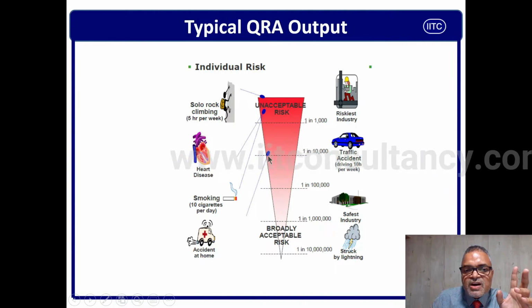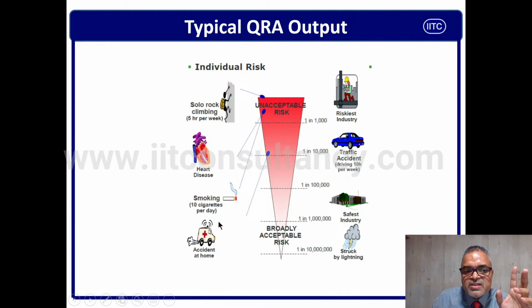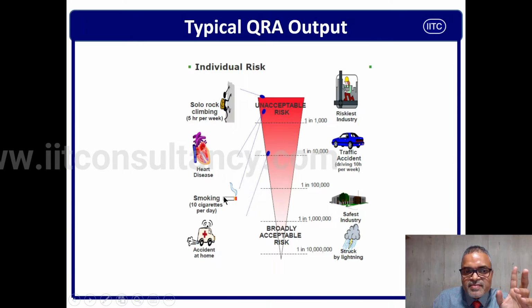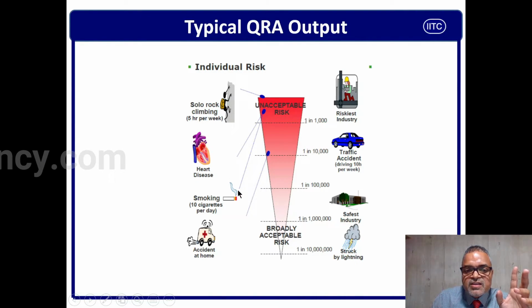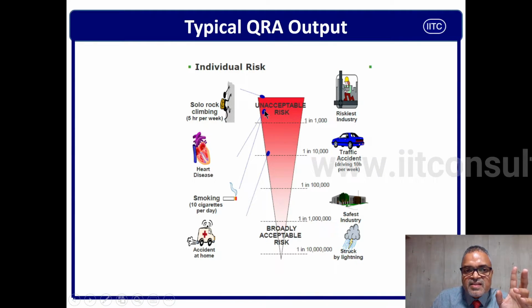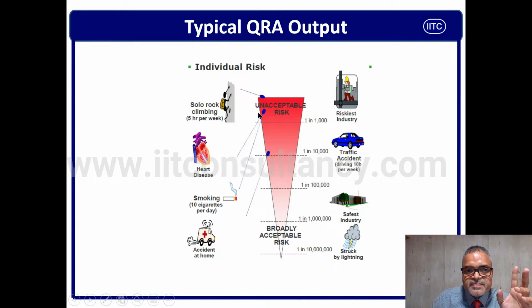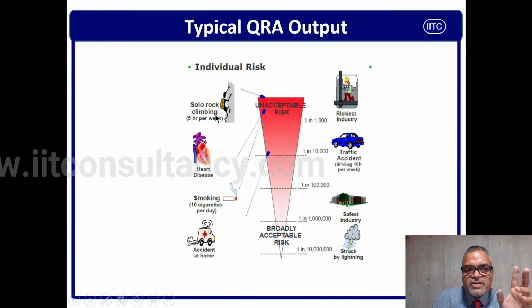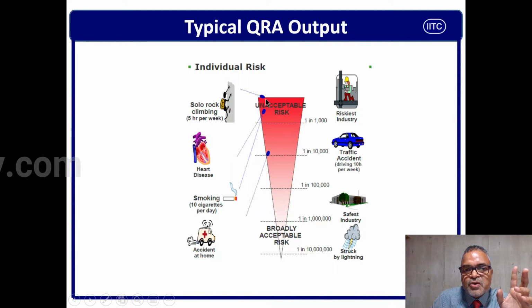If you are a smoker, 10 cigarettes per day, your chance of death is once in a 1,000, right? And heart attack is once in a 1,000. If you are a solo rock climber, 5 hours per week, your chance of death is at the top of the triangle.